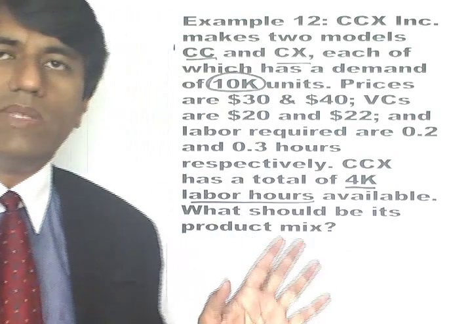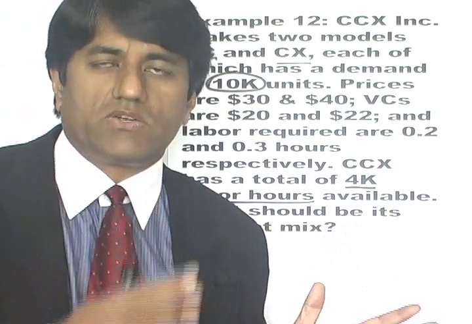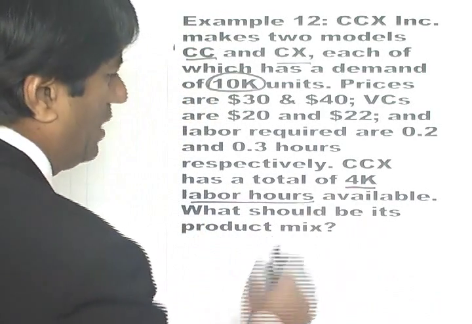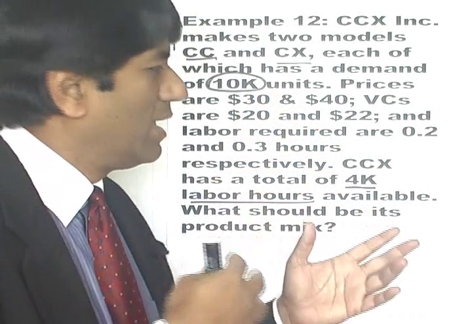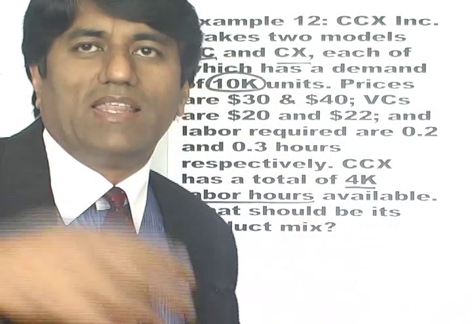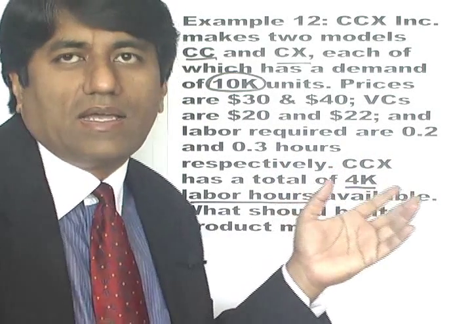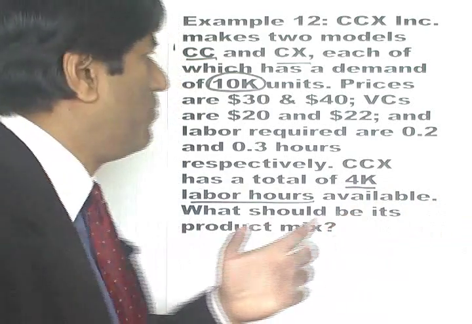Now when you look at this question, what is firstly the constraint? What is the bottleneck? The bottleneck is the amount of labor available. If it had an infinite amount of labor available, then assuming each product made a profit, the correct thing to do would have been to produce the maximum of each product, which would be 10K.